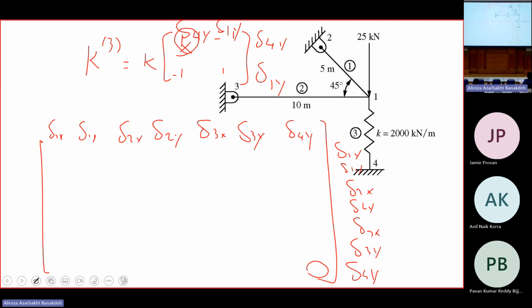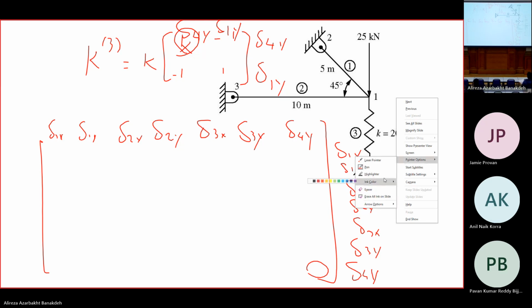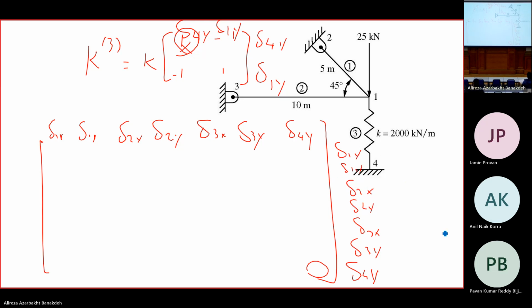Let's name them, whatever they are. This is k. K goes here, right? This minus k goes delta 1y, delta 4y. It goes here, minus k. Delta 4y, delta 1y. This minus k goes here.